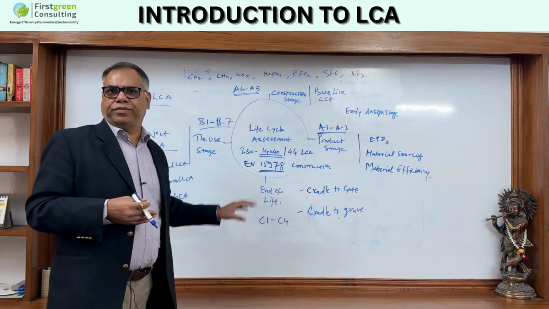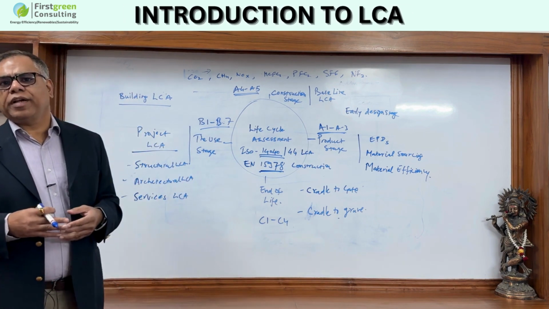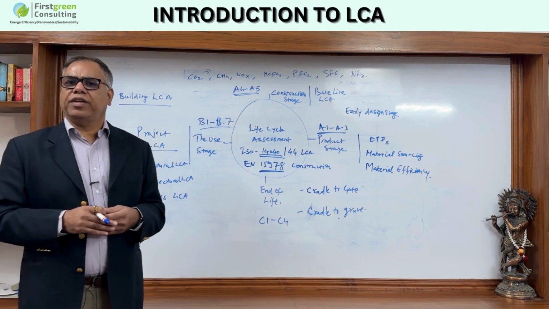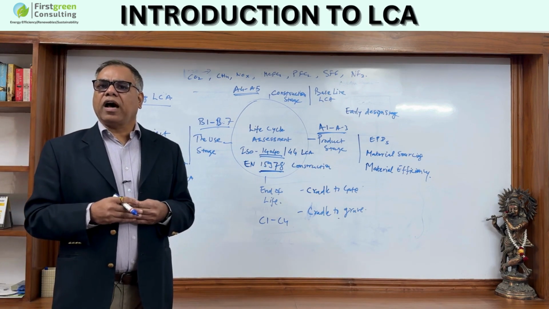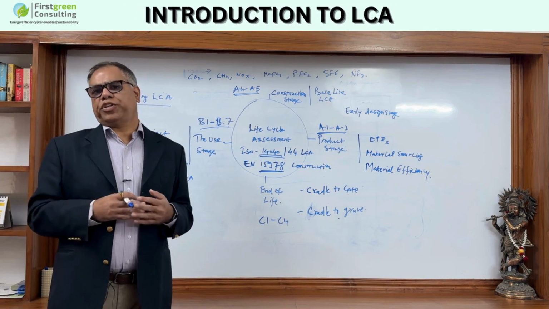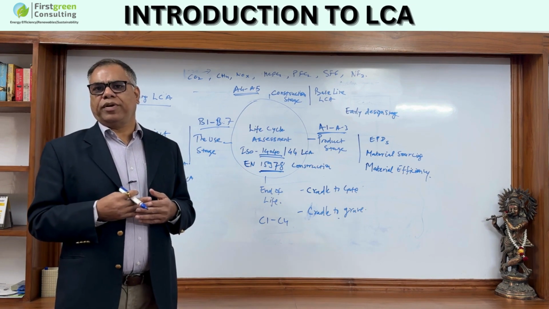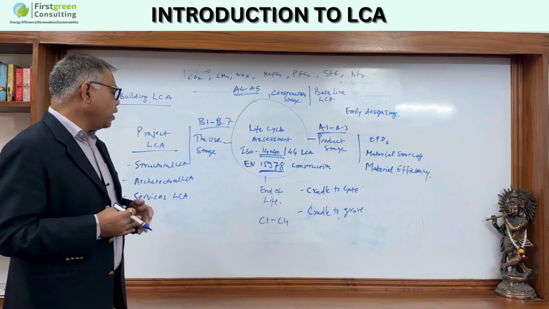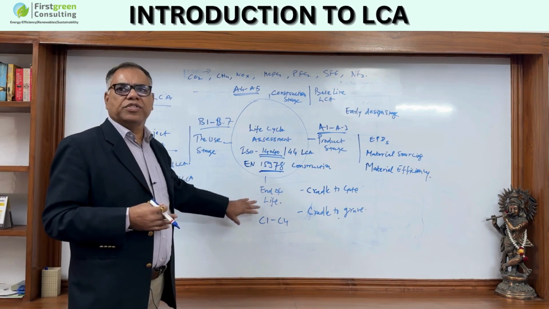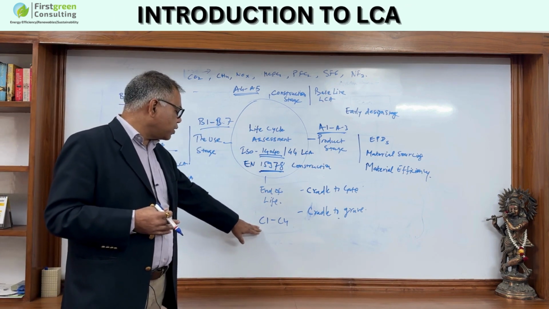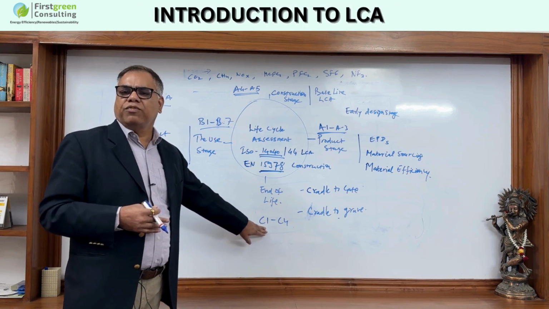And end of life. The building has been constructed and will run, let us say, for 50 years, which is the life of the building. After that, if it is to be demolished, the energy used during the demolition of the building is also to be accounted, and those are the C categories, with emissions accounted through C1 to C4.